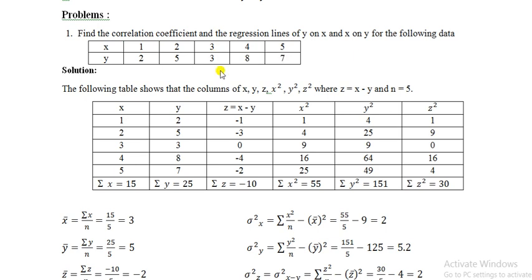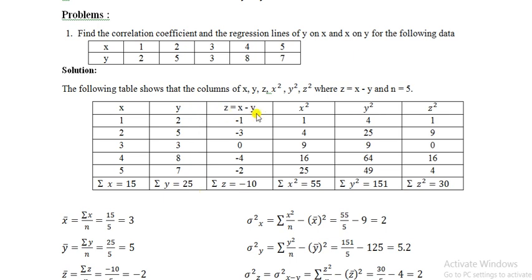The x values are 1, 2, 3, 4, 5. Adding all these numbers, summation of x is equal to 15. Then y is 2, 5, 3, 8, 7. Adding all these numbers, summation of y is 25.